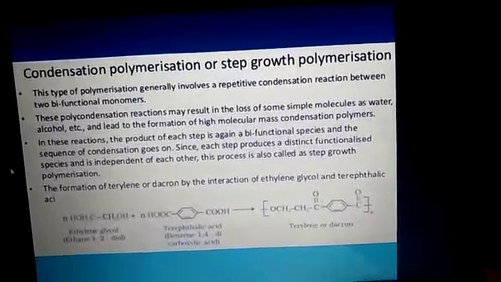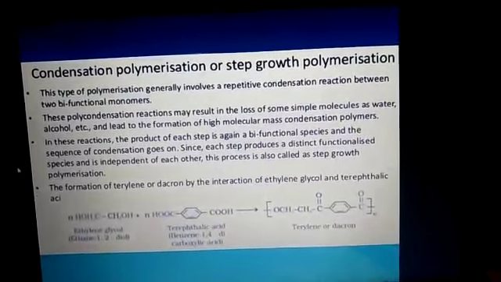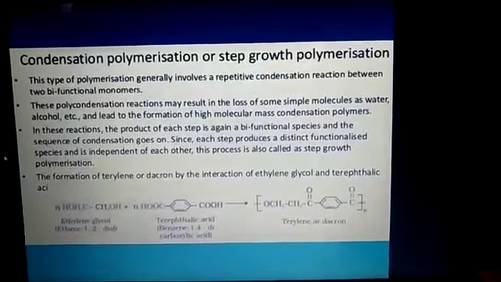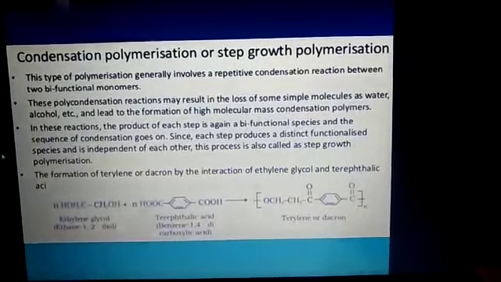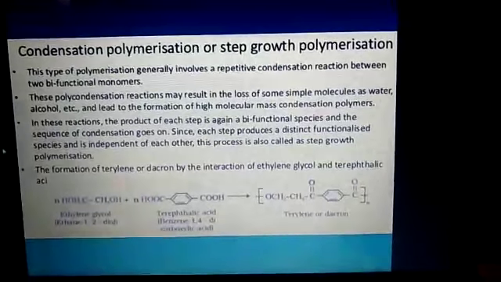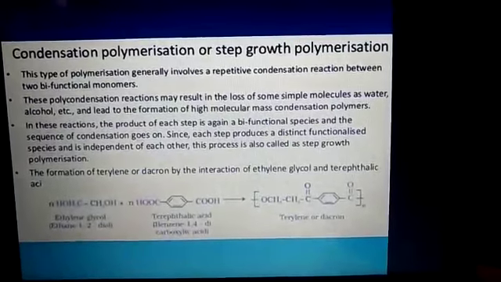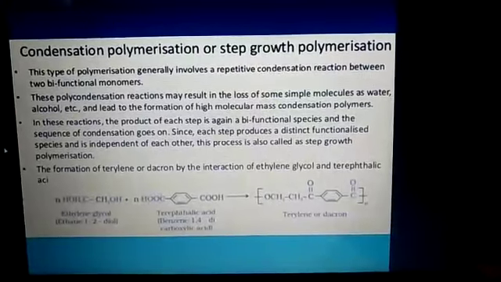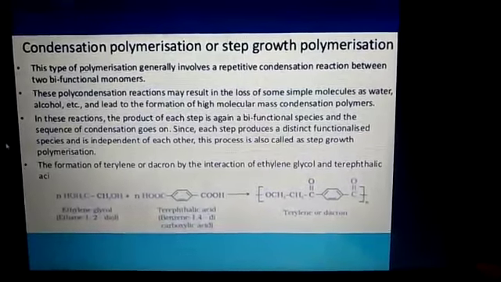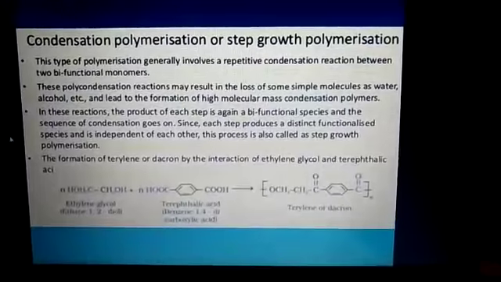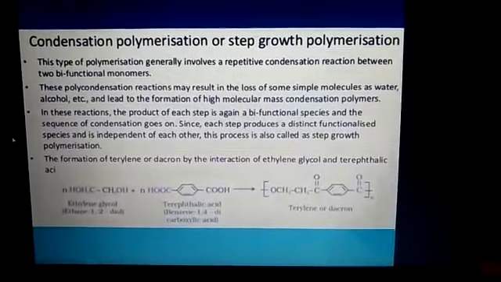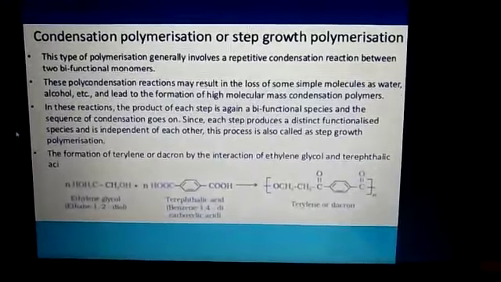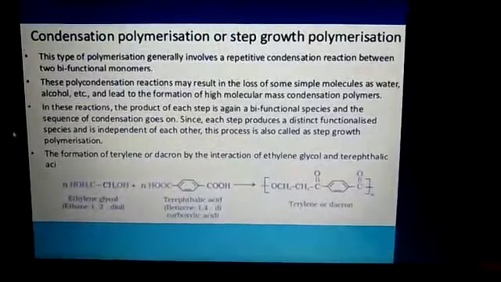Terylene or dacron is the best known example of polyester, prepared by the condensation polymerization of ethylene glycol and terephthalic acid with elimination of water molecule. The reaction is carried out at about 420 Kelvin in presence of a catalyst consisting of a mixture of zinc acetate and antimony trioxide.